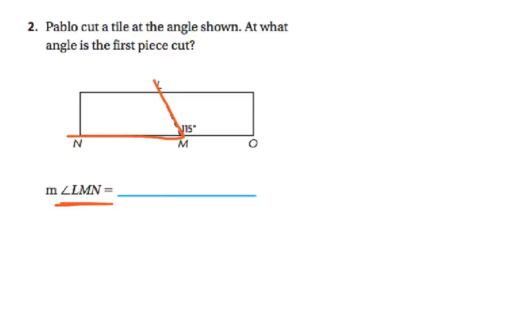So I'm finding this one that's not labeled. They told me one of them is 115, and what do you notice? I don't have a right angle over here, but I do notice that I have a straight angle, and we remember that the measure of a straight angle is 180 degrees.